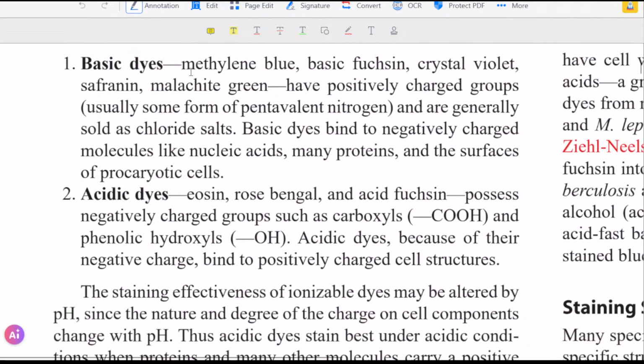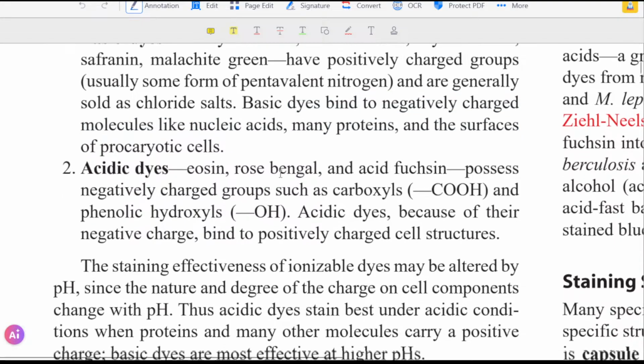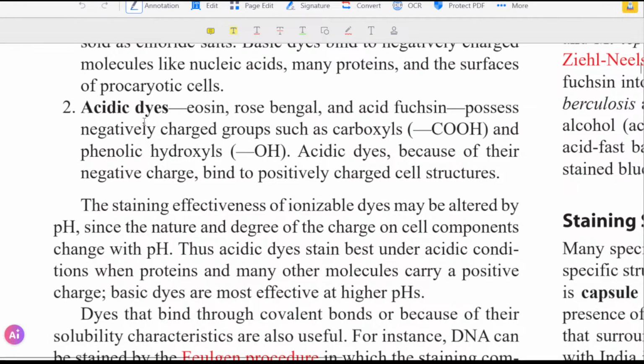Alright, so these are the basic dyes, and since they are positive, they bind to the negatively charged molecules like nucleic acids and proteins and the surfaces of prokaryotic cells, while the acidic dyes, eosin, rose bengal, and acid fuchsin, possess negatively charged groups such as carboxyl and phenolic hydroxyls.